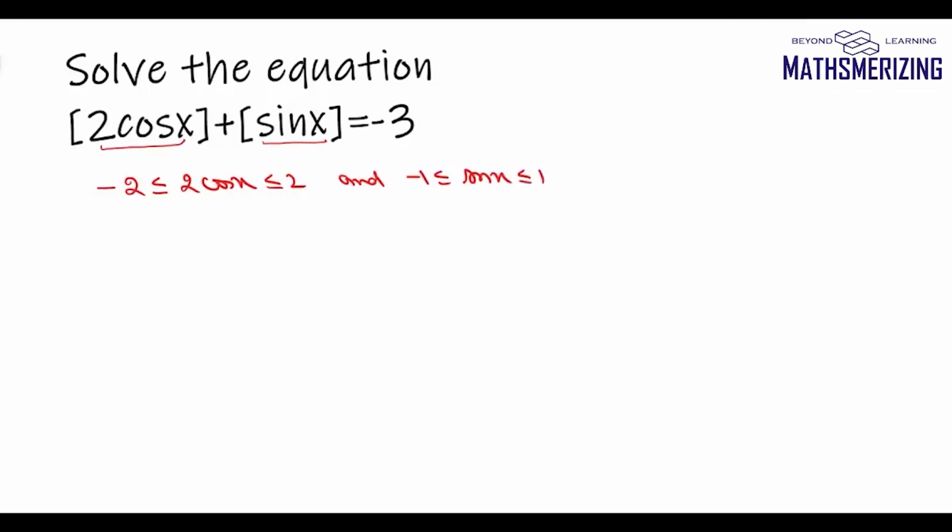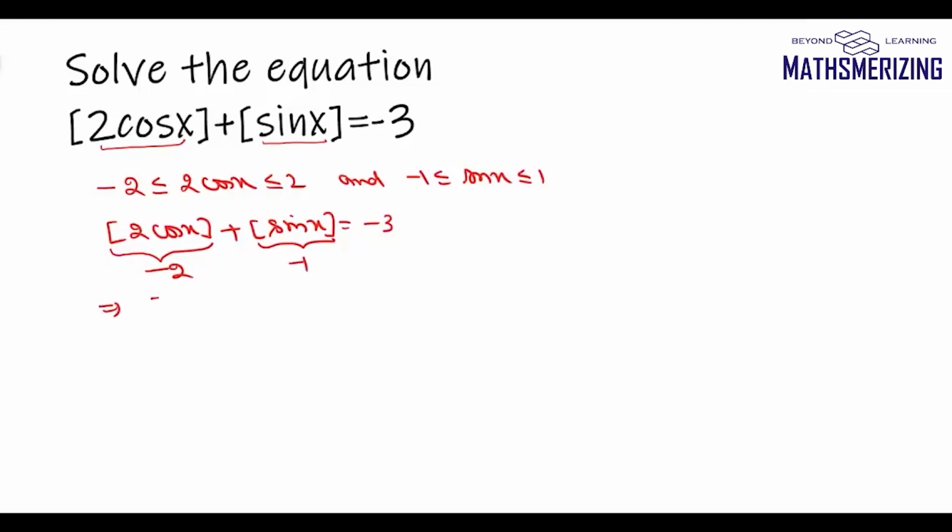So in order to get 2 cos x plus sin x as -3, the only way it is possible is when the greatest integer function of 2 cos x is -2 and when the greatest integer function of sin x is -1.